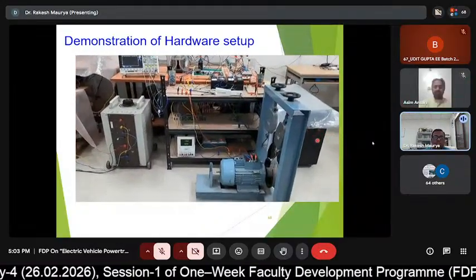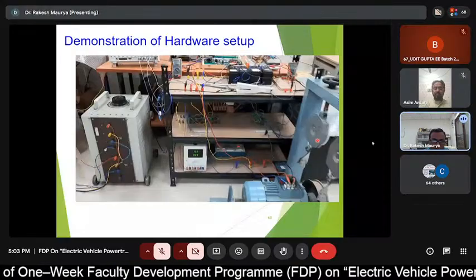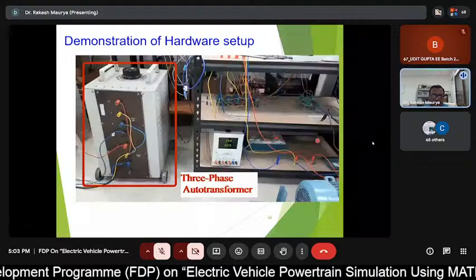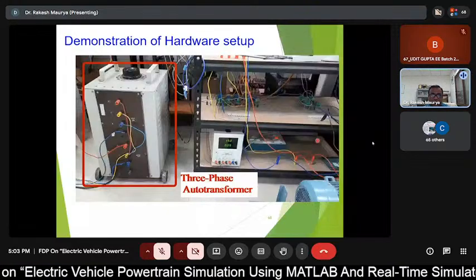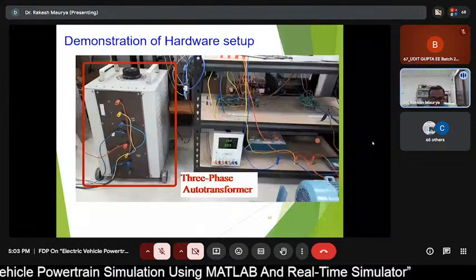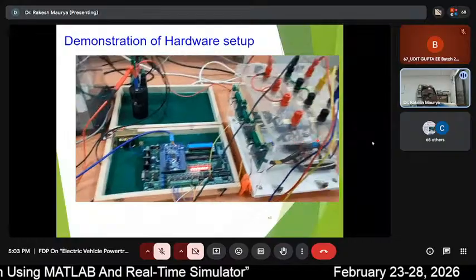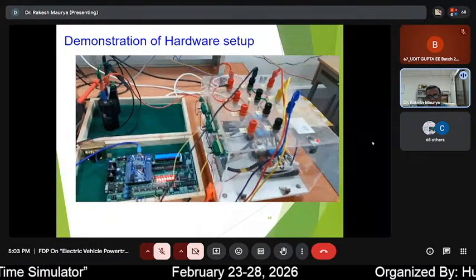this is the demonstration of a three-phase DC to DC buck converter, interleaved buck converter, and here a DC link is generated. Now through the same controller, NVSC, we are going to charge the battery pack.